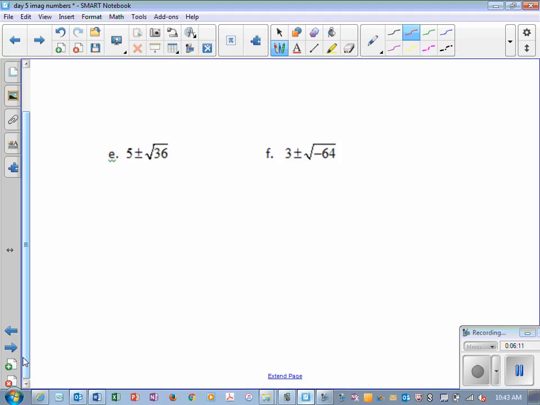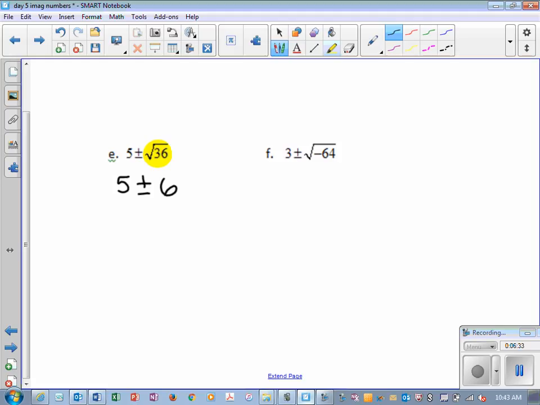5 plus or minus square root of 36. Guys, this square root of 36, is there a negative inside? No. What's the square root of 36? 6. So this is really 5 plus or minus 6. So, isn't that just all real numbers? Yeah.